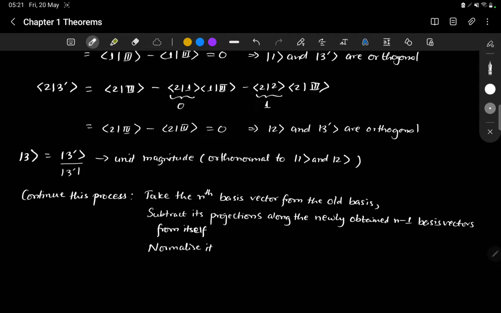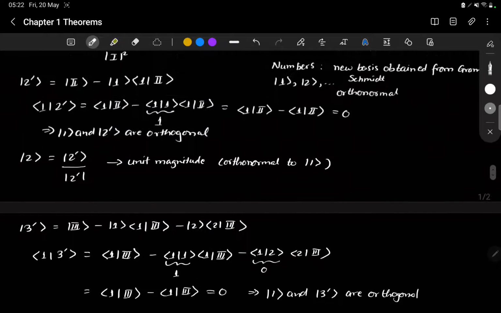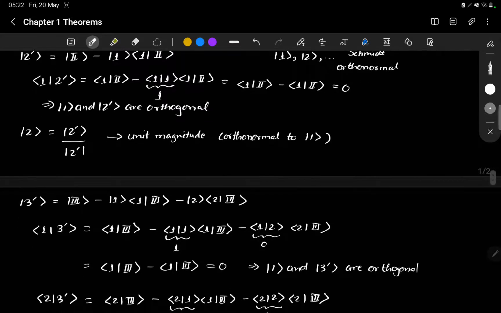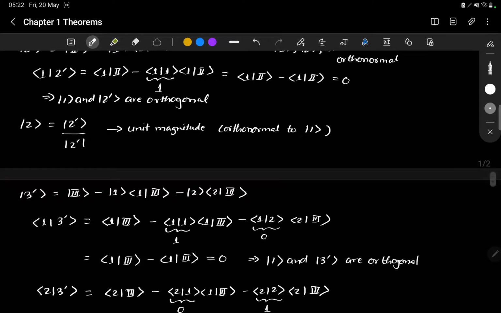Now the important point to note over here is that we need to start with linearly independent basis vectors to be able to follow this procedure and arrive at n linearly independent orthonormal basis vectors. If we do not start with linearly independent basis vectors, then at some point, let's say at this 2 prime or 3 prime or maybe 4 prime, we will see that that particular linear combination of vectors turns out to be 0.